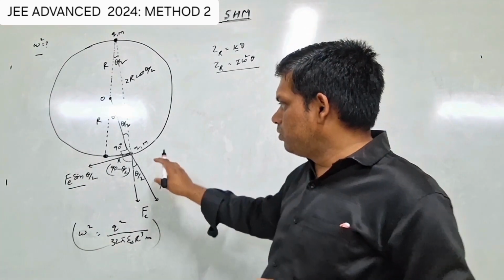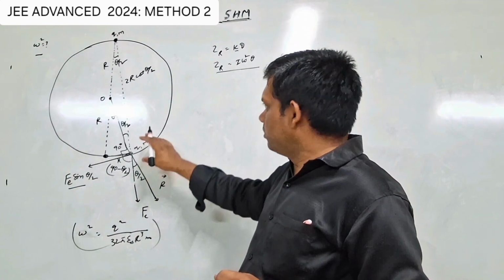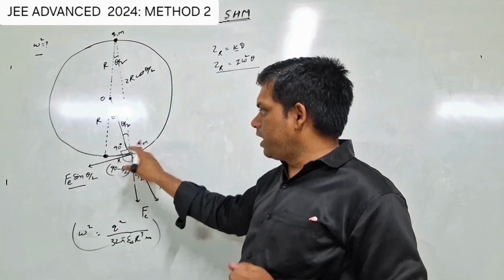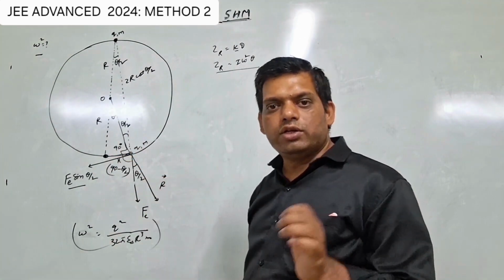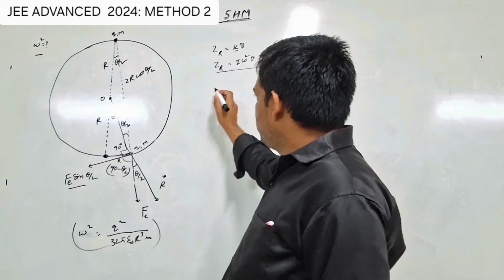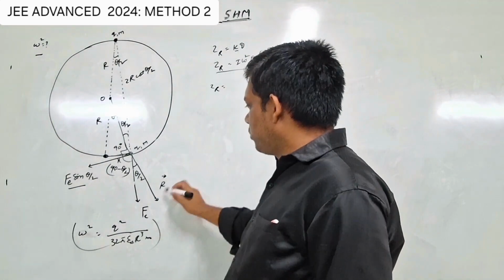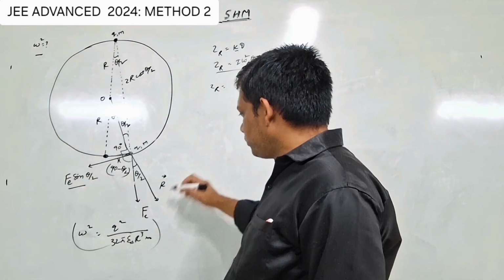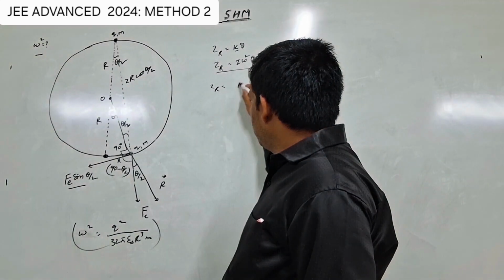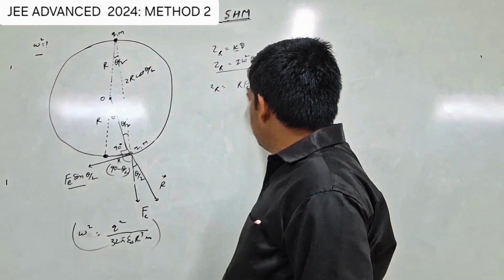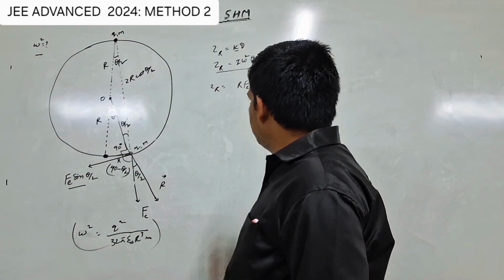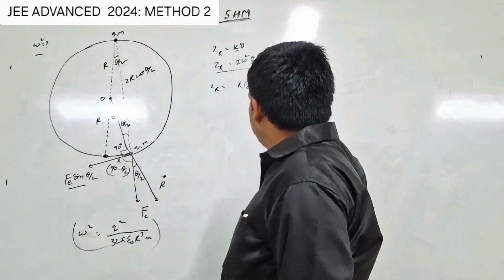So if we want to determine omega square, then at first we have to determine the restoring torque. So here the restoring torque will be equal to R cross F, that is R F sin theta by 2.